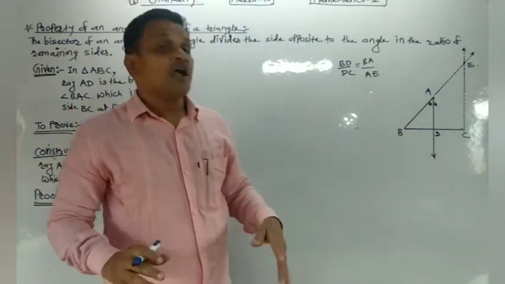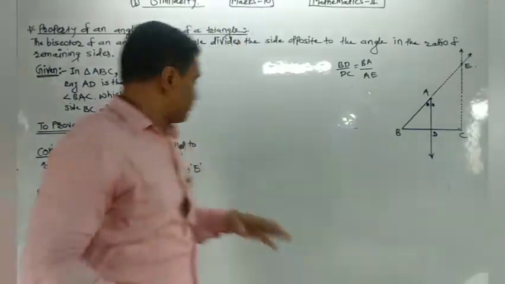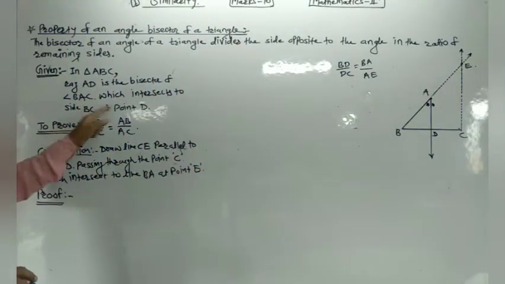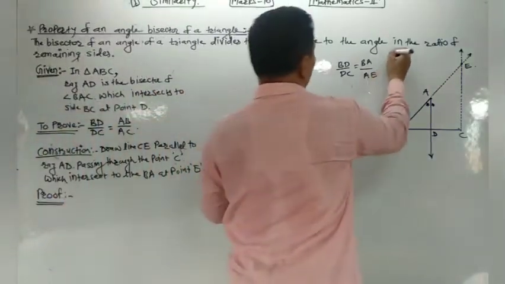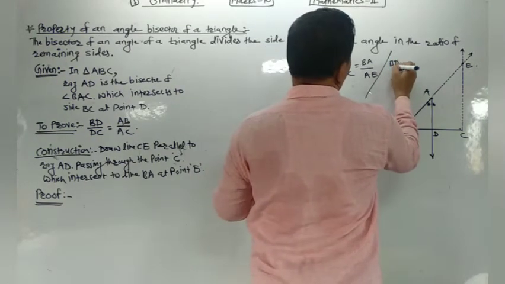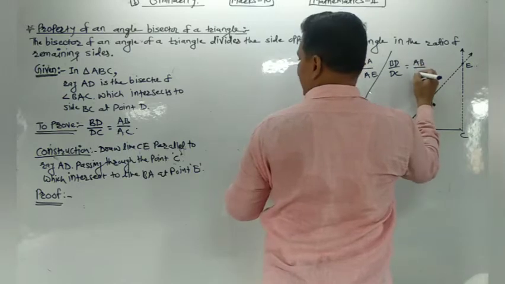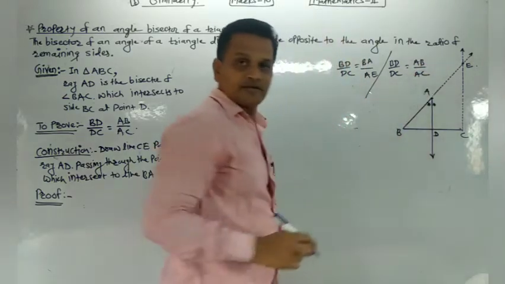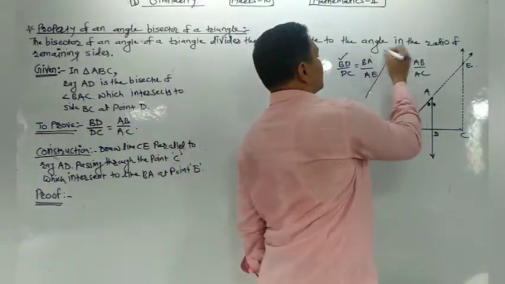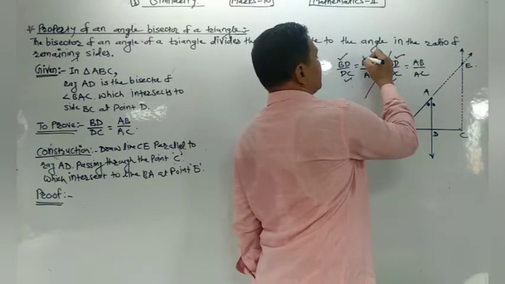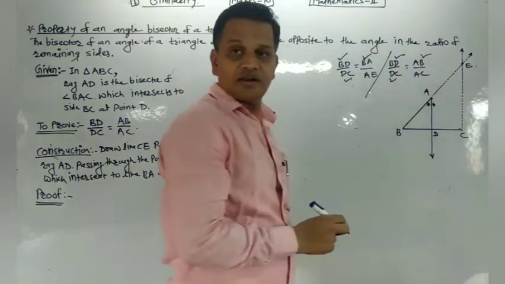But what do we want to prove here? We want to prove that BD by DC is equals to AB by AC. Here is BD, here is DC, here is BA, here is AB. Understand?